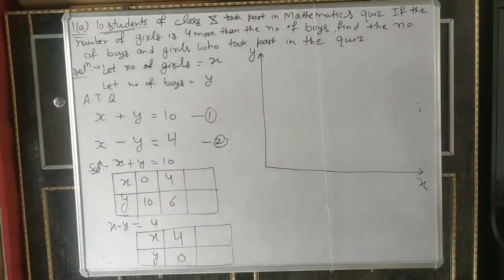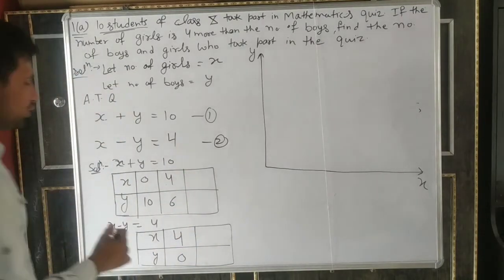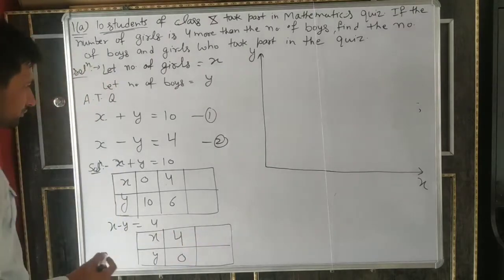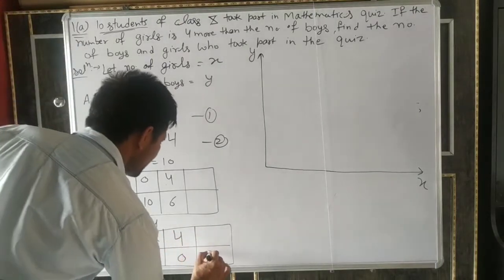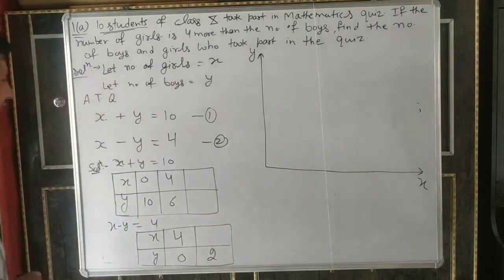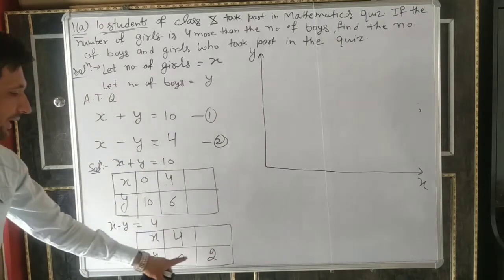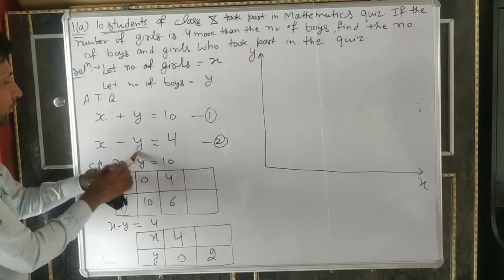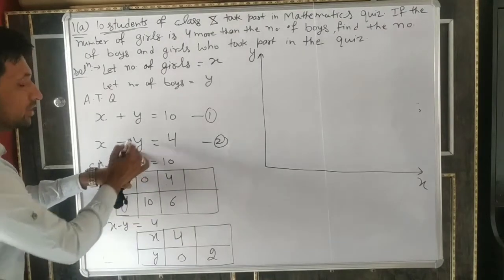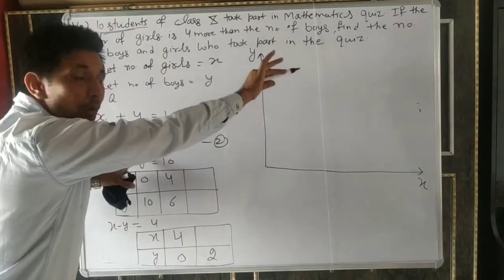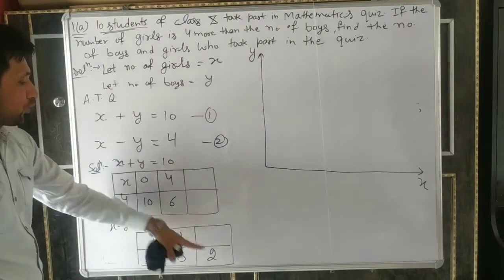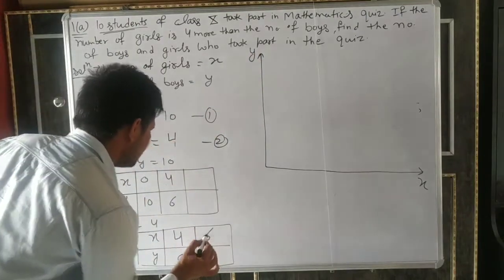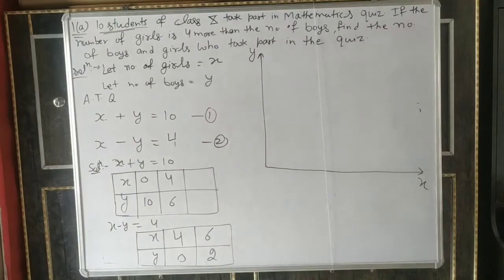You can put any number for x. Suppose y is 2: x minus 2 equals 4, so x is 2 plus 4, which is 6. So you can find one solution like this.